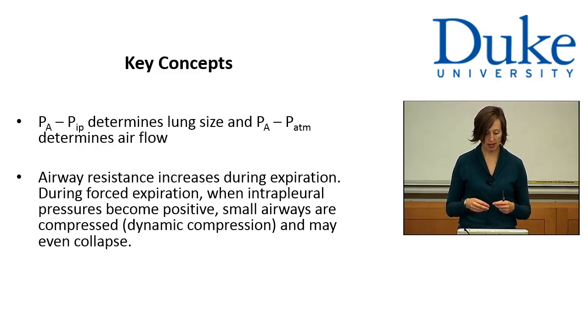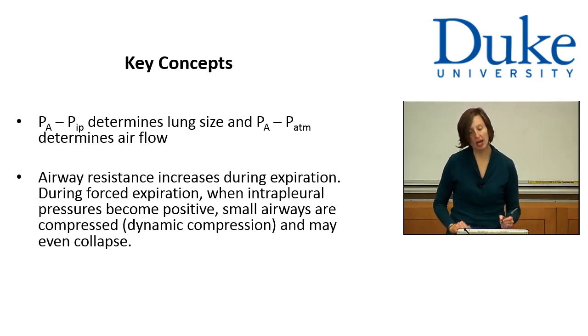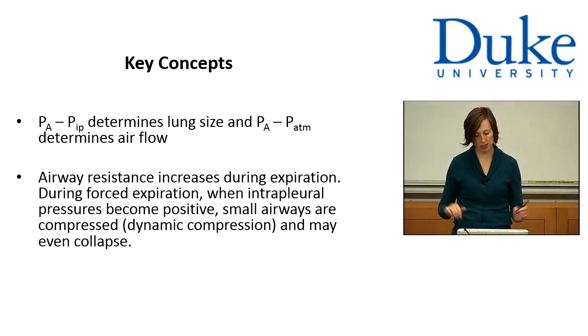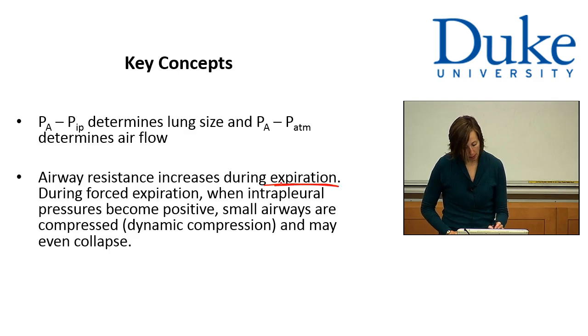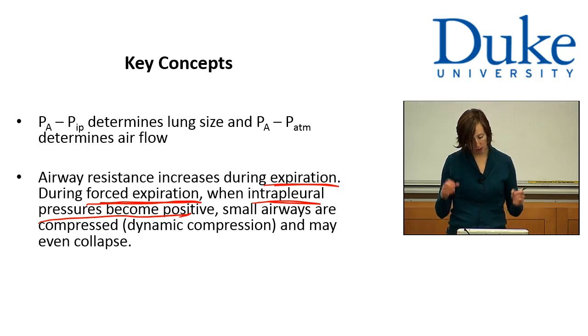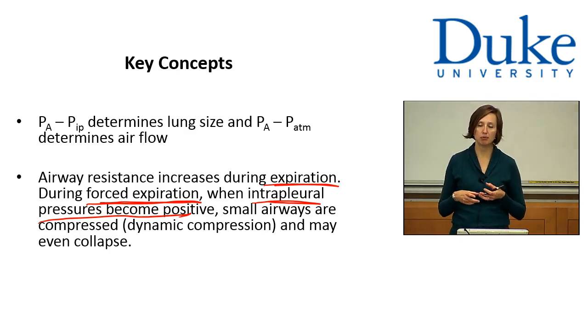So we've talked about the differences in pressure that are going to determine airflow and lung size, and then we've talked about how airway resistance is going to increase even in a normal person during expiration. But during forced expiration, if your intrapleural pressures are going to become positive, small airways can become compressed, especially in diseased states, and then they could even collapse.